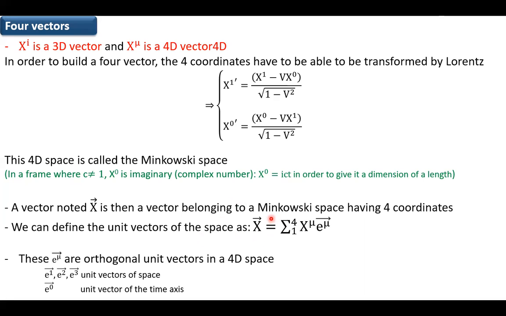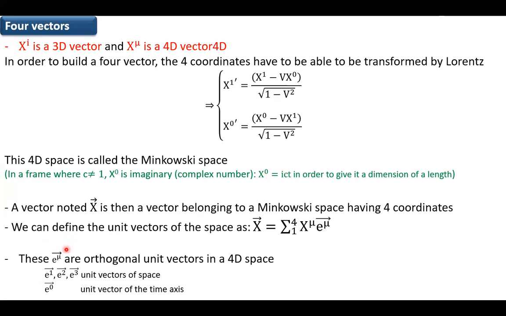So any 4-vector x would be written as the sum from 1 to 4 or from 0 to 3 of x mu e mu. So x1 e1, x2 e2, etc. x mu is the coordinate, the value of the coordinate, and e mu is the unit vector according to the direction: time or x or y or z.